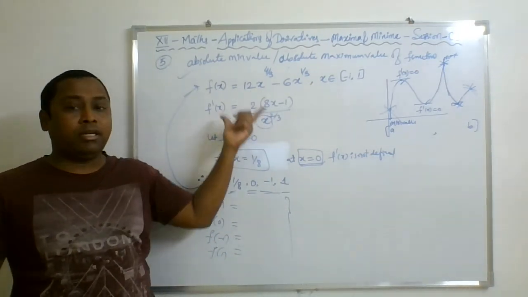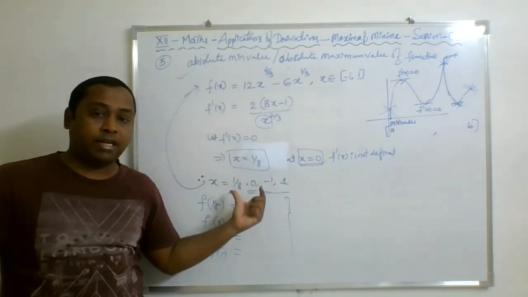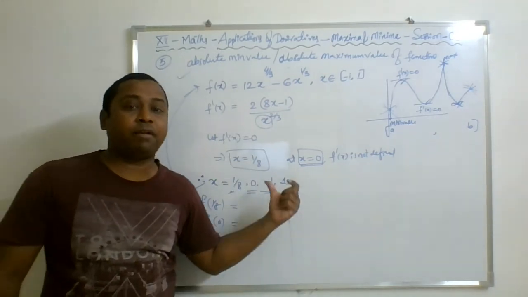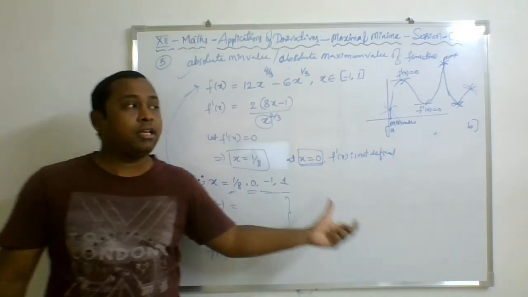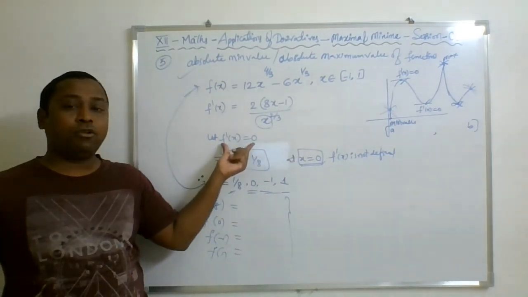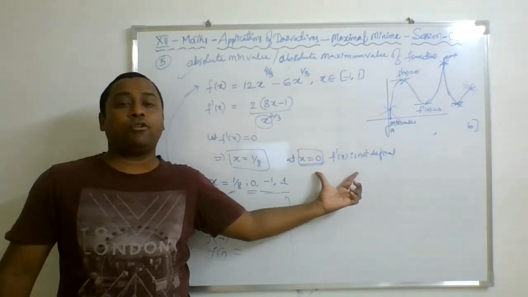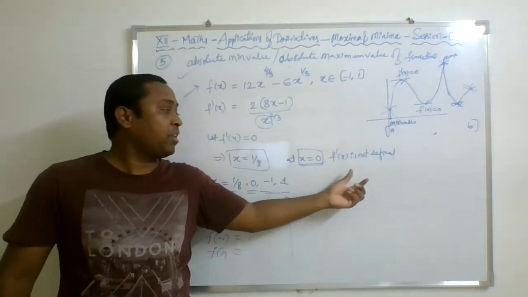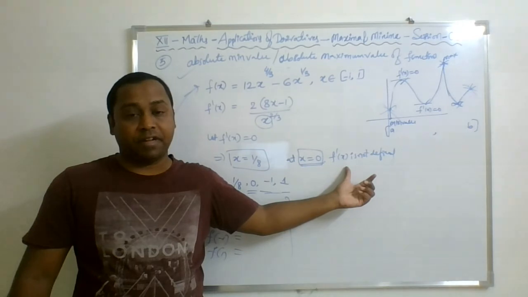That is, set the function's derivative equal to 0 and find the critical points. But while finding the critical points, two aspects are to be considered: where the derivative is 0, and where the derivative does not exist, or f dash x is not defined.